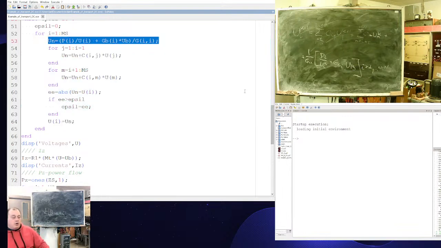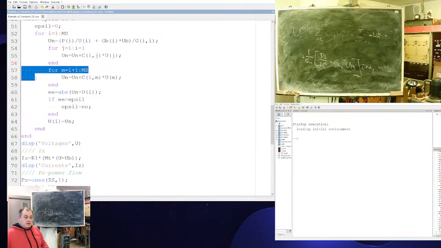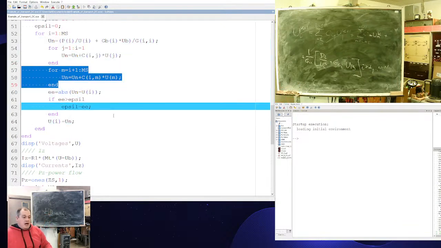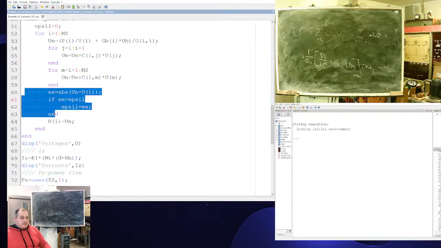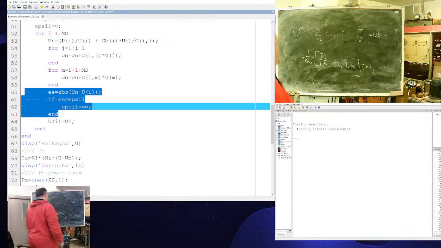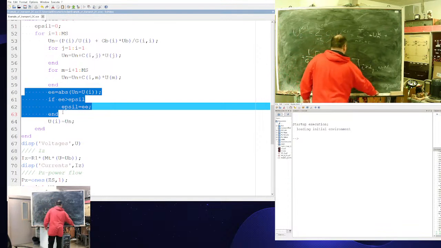This blue row is the square parenthesis. This part is the first sum. This part is the second sum. And this part is to estimate precision.